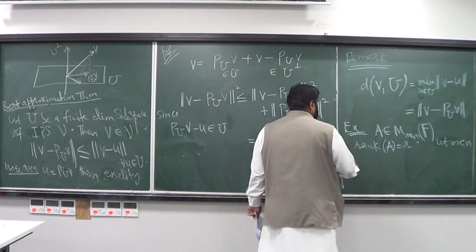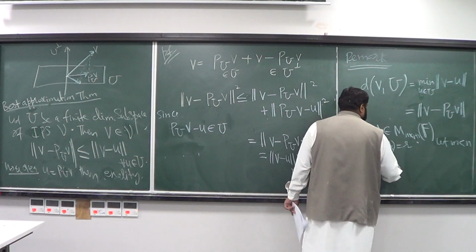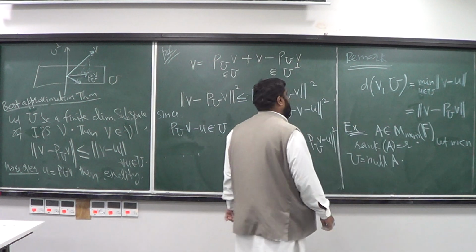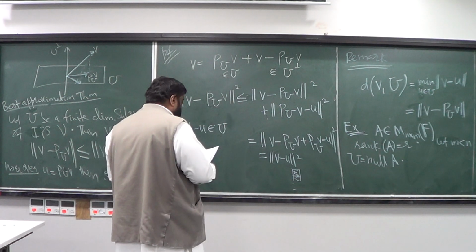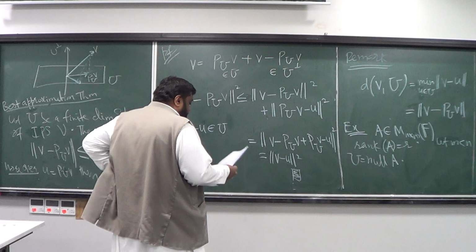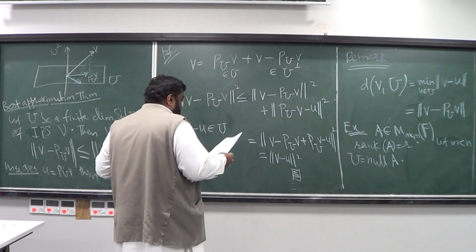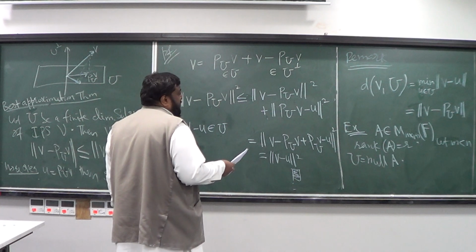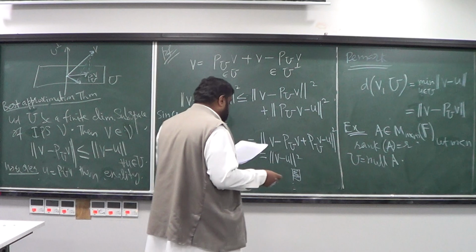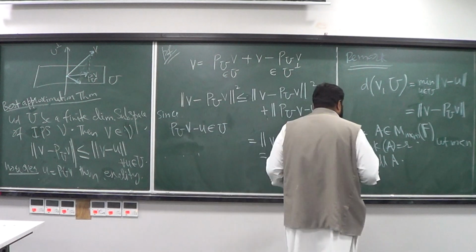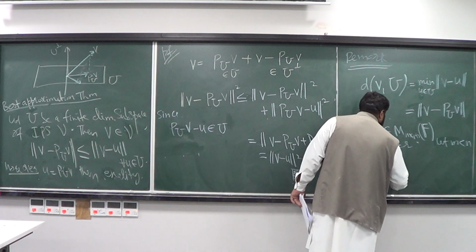And say you take U to be the null space of A. Then the question is, what would be the minimum distance between a vector V and the null space of A? So let's take a vector V from F^n.